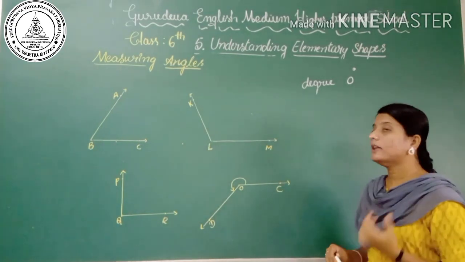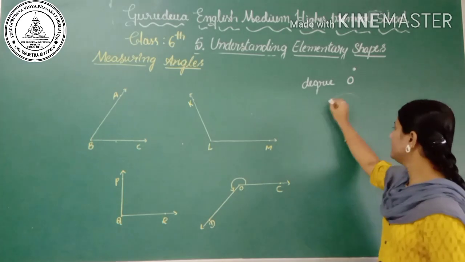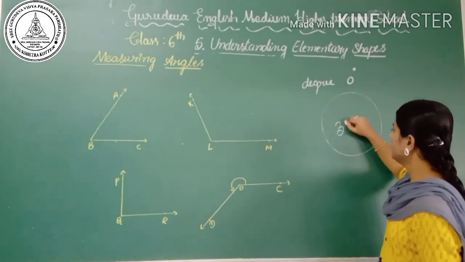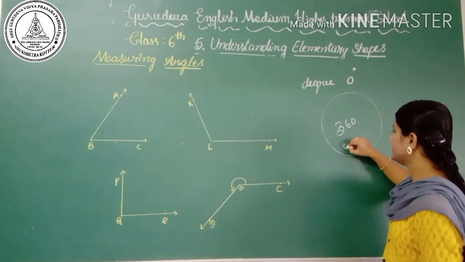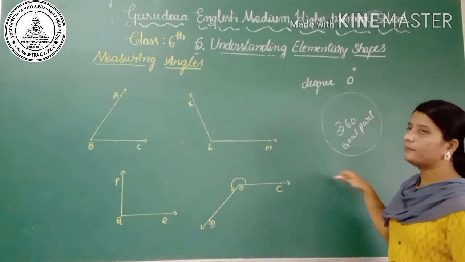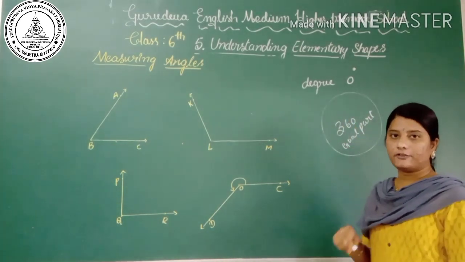One complete revolution is divided into 360 equal parts.